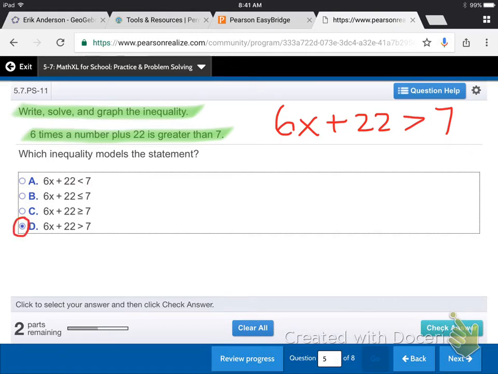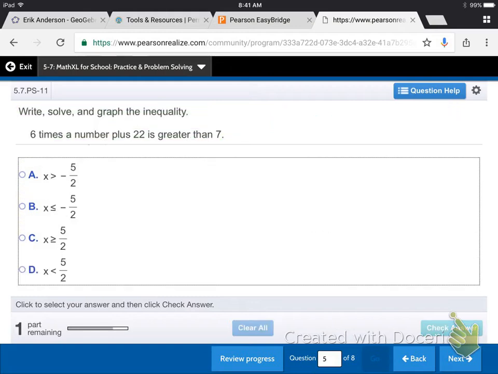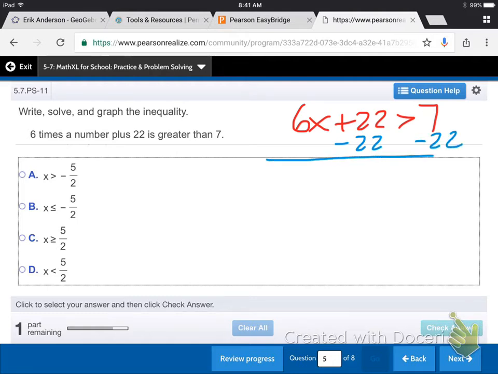Then let's solve it now. That's the next step. So we're going to take 6x plus 22 is greater than 7, and we are going to subtract 22 from both sides. We're going to bring down that 6x, cancel out our 22s, and bring down our inequality. 7 minus 22 is negative 15.